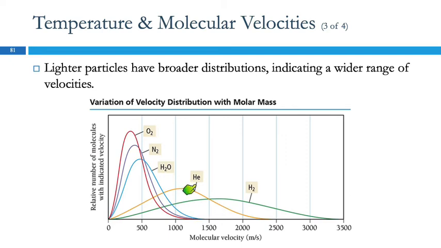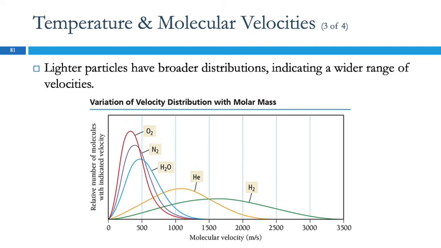Then we've got helium and water and nitrogen and oxygen. Here with oxygen, we've got a much lower speed. The thing we want to notice is that as the molar mass decreases, the variation in velocities gets bigger. So for hydrogen gas, we have a wider range of velocities than for oxygen.